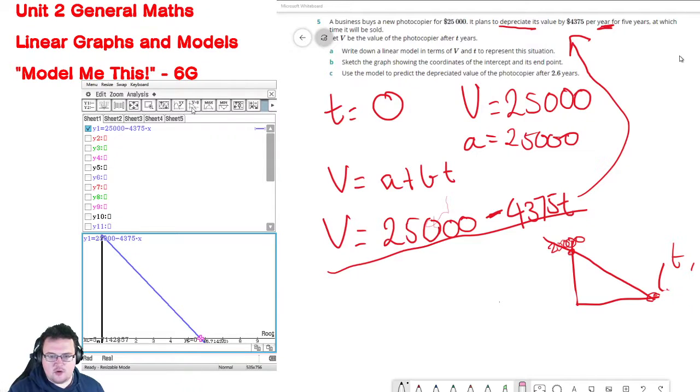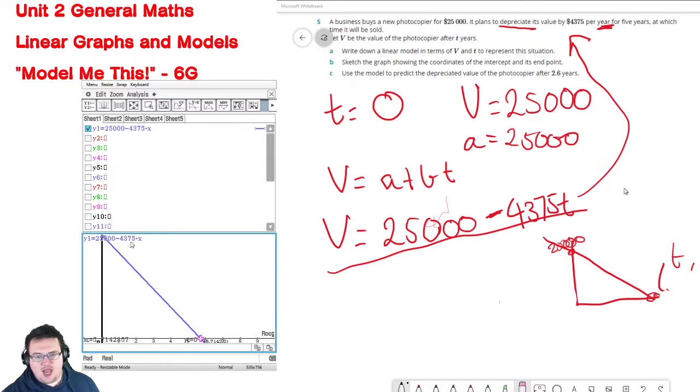Press y equals 0, and it will give you an answer of 5.7142857. So after 5.714 years, the photocopier will be worth nothing. It says round it to 5.7143 for the sake of ease.